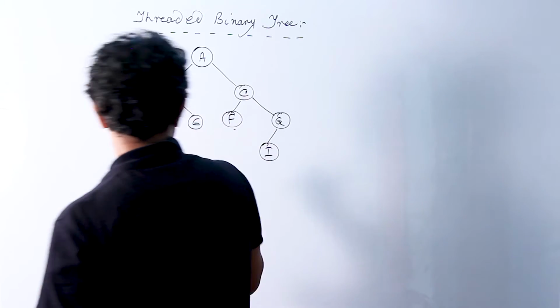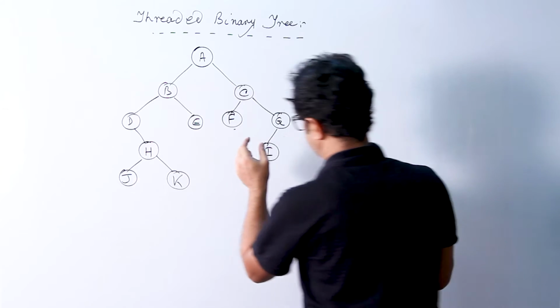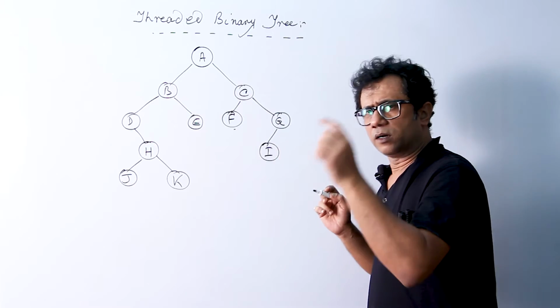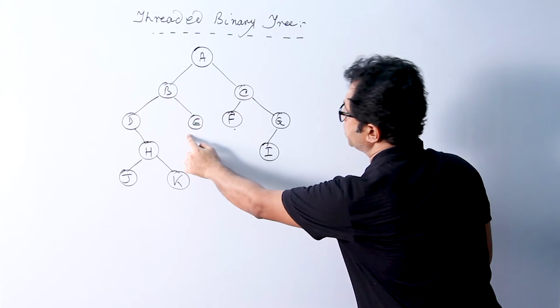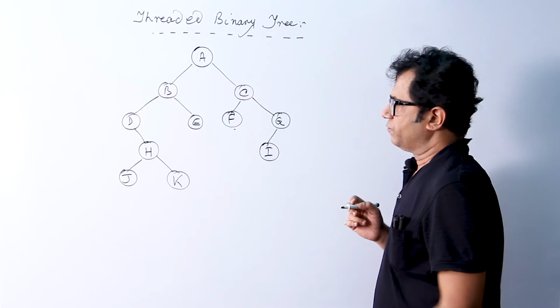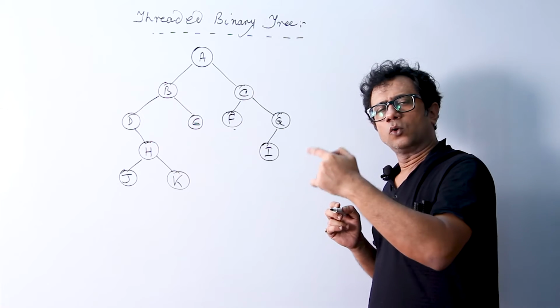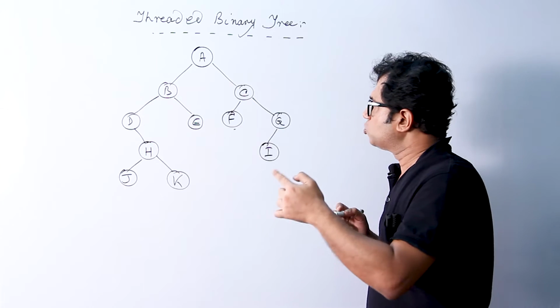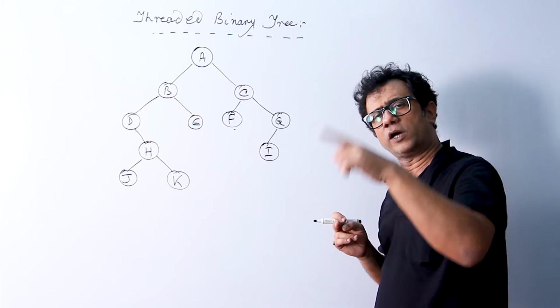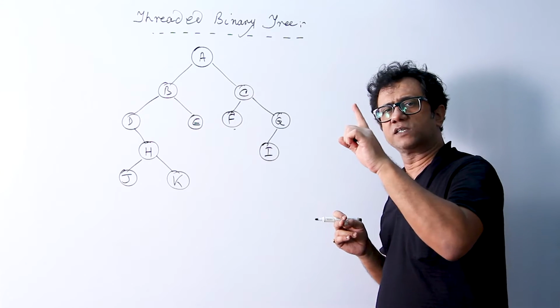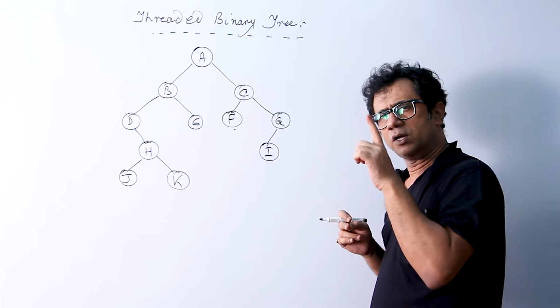Suppose the rule is like this: if the left pointer of any node is a null pointer, then the left pointer of that node is going to have a thread which points to the inorder predecessor of that respective node.